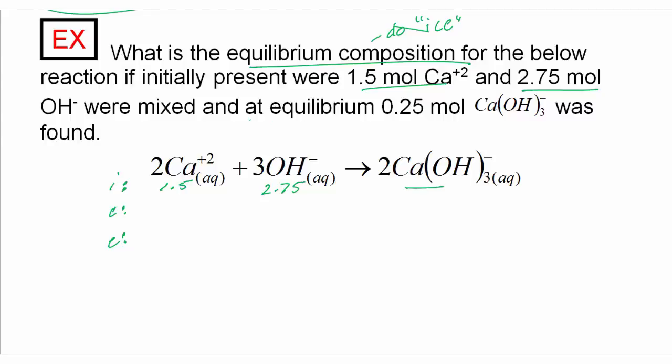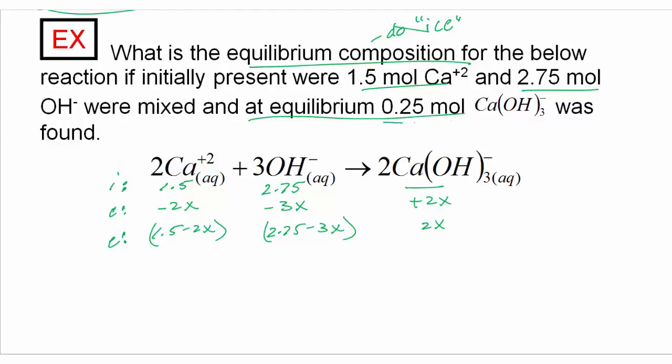Okay, here's our equilibrium answer. So our change row, minus 2x, minus 3x, plus 2x. So 1.5 minus 2x would be my answer for calcium. 2.75 minus 3x will be my equilibrium moles for hydroxide. 2x will be my equilibrium moles for calcium hydroxide.